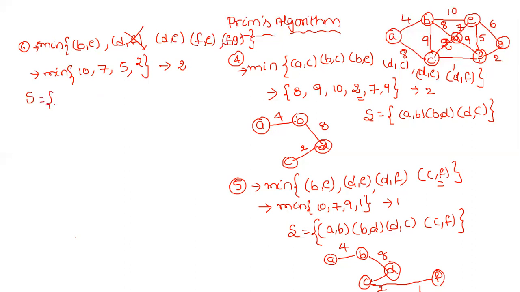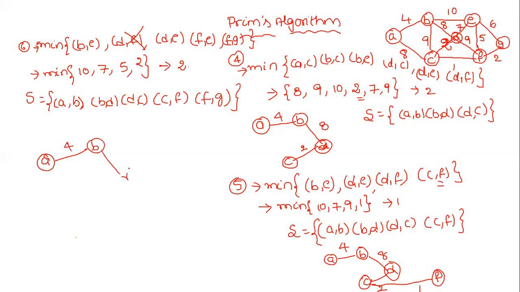That's why the tree becomes A to B, B to D, D to C, C to F and F to G. So here the tree is A to B 4, B to D 8, D to C 2 and C to F is 1 and F to G will be 2.